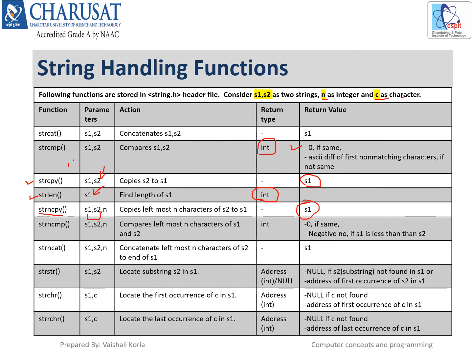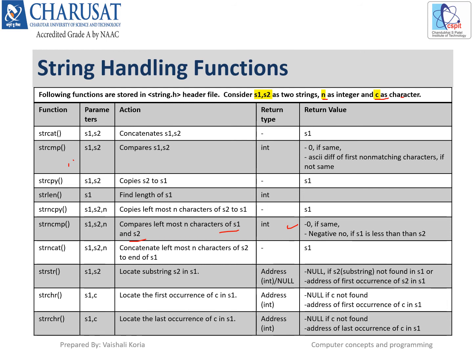The next function is strncmp. It will compare the first leftmost n characters of s1 and s2. If the characters are the same, it will return 0. If they are not the same, then it will return the ASCII difference of the non-matching characters.